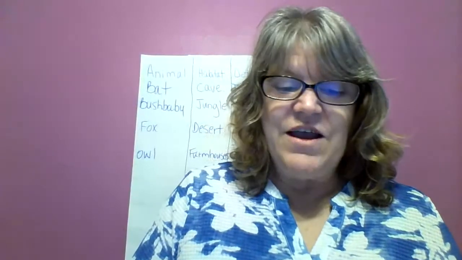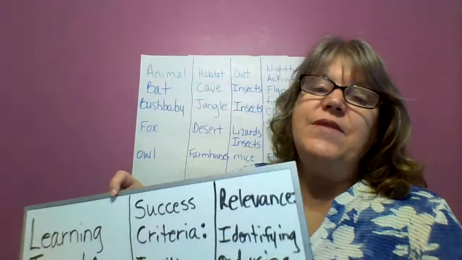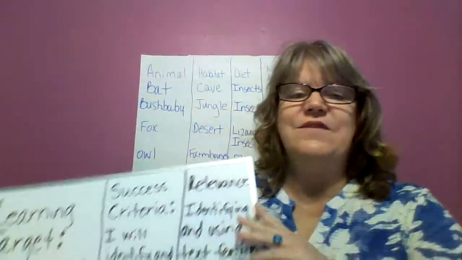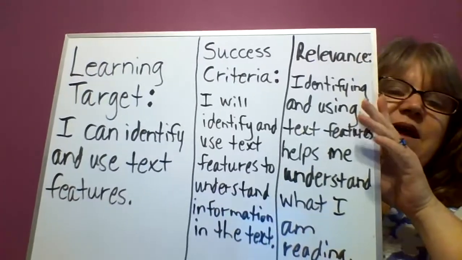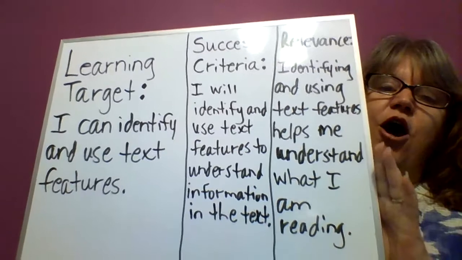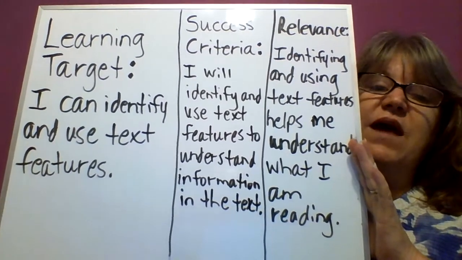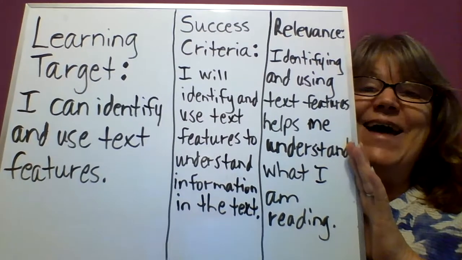So we have been talking about all of our different text features and how they help us in the last several weeks. Today, we focused on one specific text feature. I can identify and use text features. Our success criteria was I will identify and use text features to help understand information in the text, and we did that.